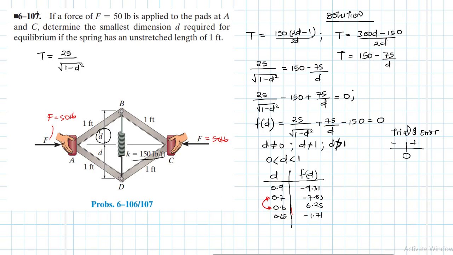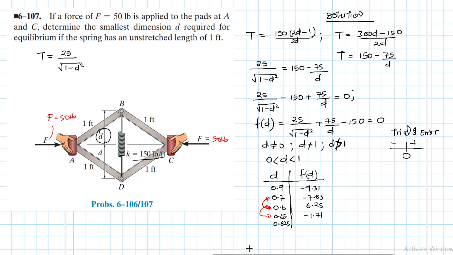Okay, so we can still move using the two, this one and this one. So average of 0.6 plus 0.65 divided by 2. So we have 0.625.